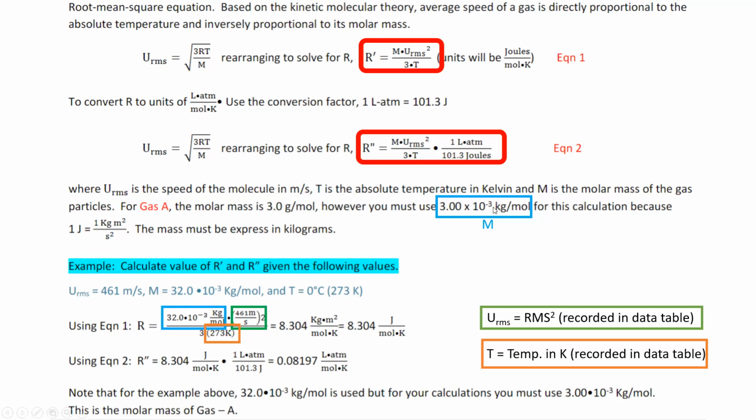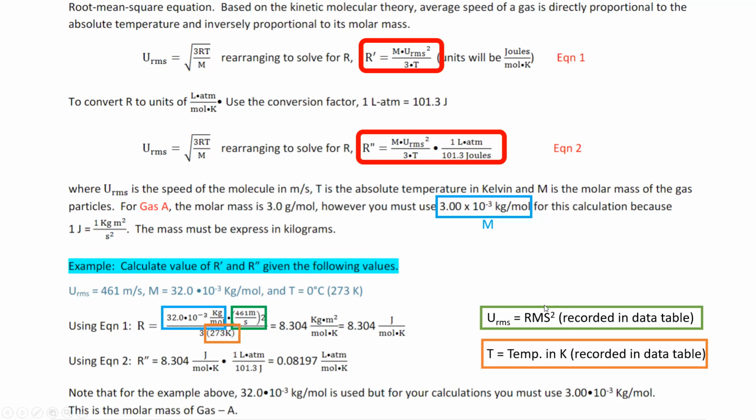So we'll just move this value in here, which is the molar mass, capital M. And then notice the next part of the equation is the root mean squared. We're going to take that value that we recorded in our data table and square it.